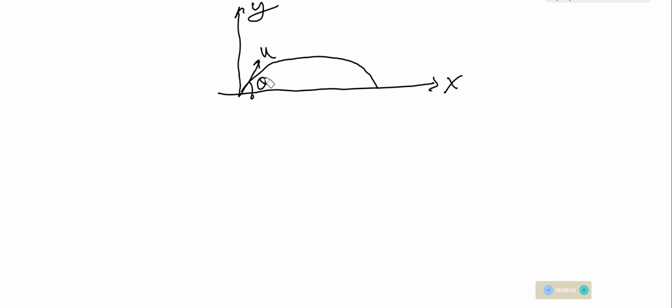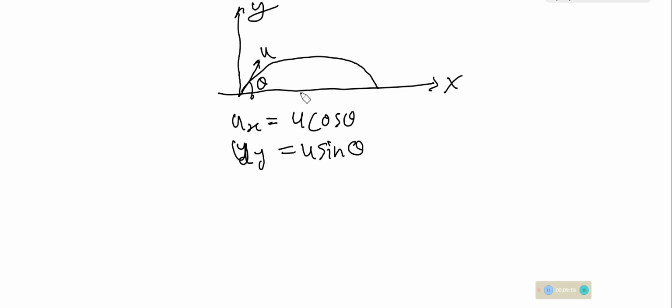Then when we resolve the velocity u in the x direction and y direction, there will be two components of the velocity. First is ux, which is equal to u cos theta, and uy is u sin theta. And we know that gravity is in the y direction, downward, or we can say the negative y direction, and in the x axis there is no acceleration.